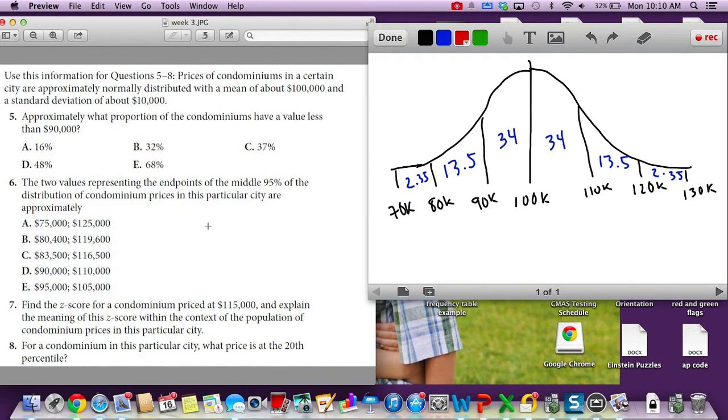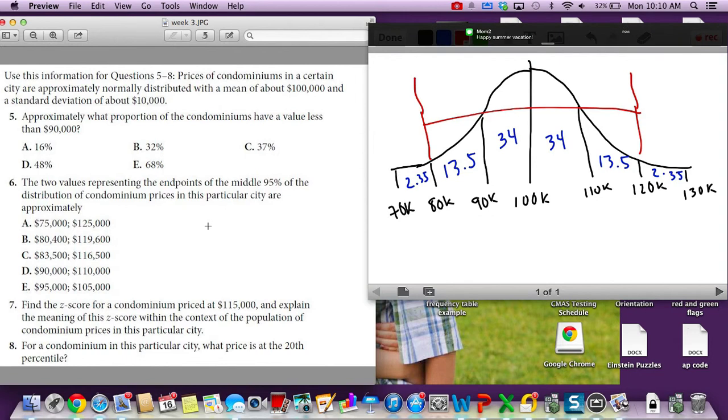Okay. All right, so number 6 says, the two values representing the endpoints of the middle 95% of the distribution in this particular city. So 95%, if you remember correctly, is within 2 standard deviations. So that's all of this here within 2 standard deviations.